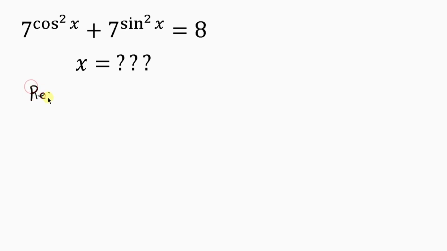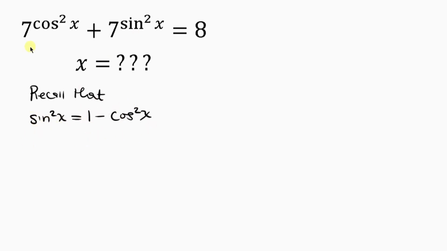Let's say recall the identity for sine square x. So sine square x is equal to 1 minus cos squared x. The reason why I'm doing this is because I want to eliminate sine square x by substituting this. So let's go ahead and substitute this instead of sine square x.